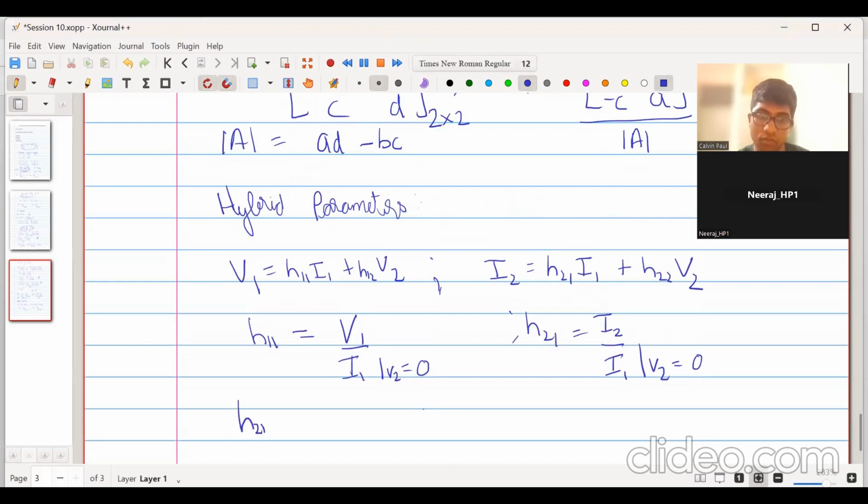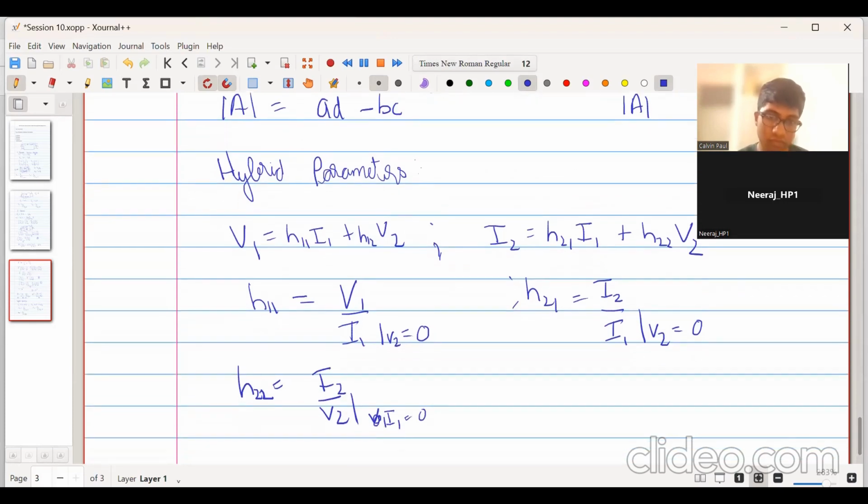H22 is equal to I2 upon V2 when I1 is equal to 0. Yeah, it will be ohm inverse only.